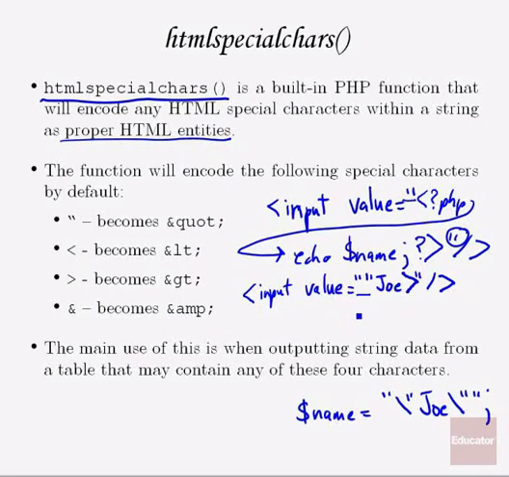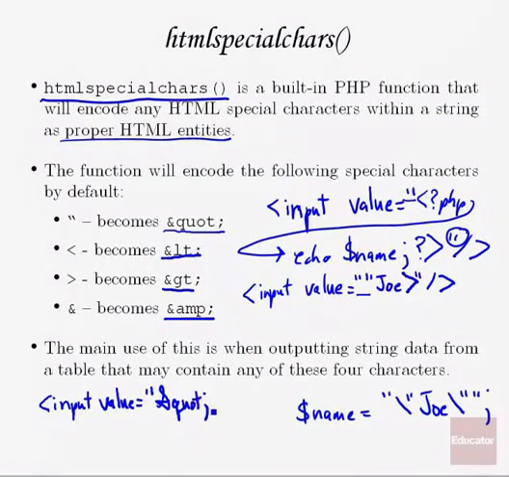So what HTML has, for those of you who don't know, are special entities, which are basically little sequences like this that you can use to represent those characters without them being interpreted as HTML characters. So for example, if we wanted to output Joe in quotation marks as an actual value, we could do it like this.